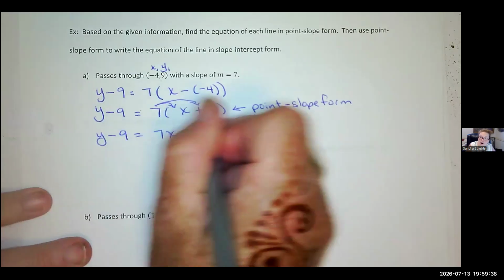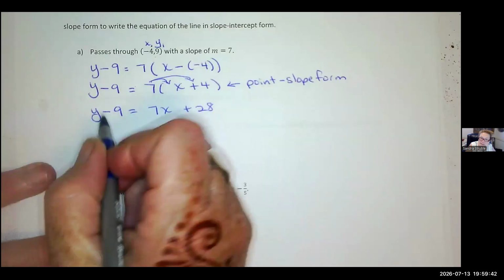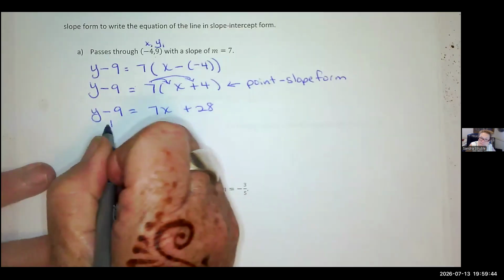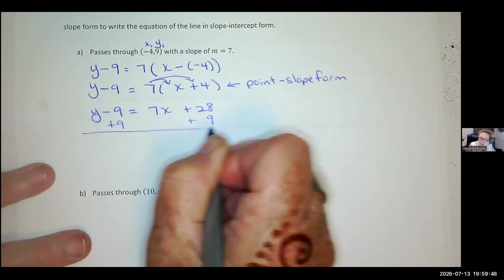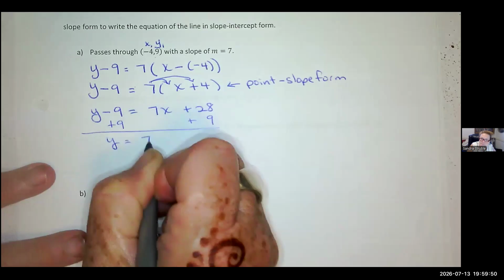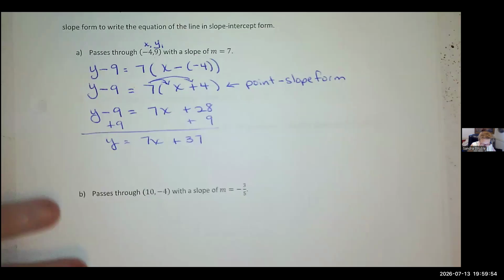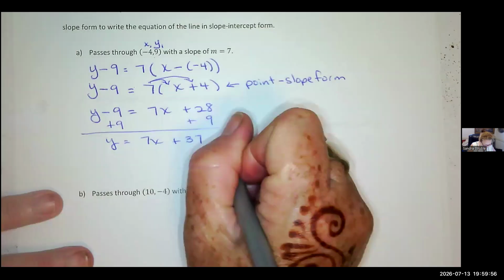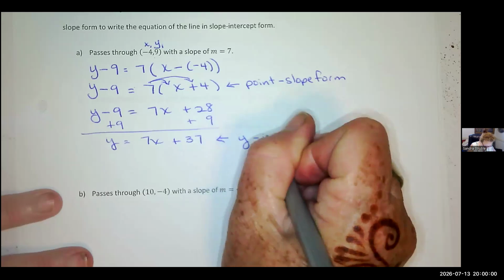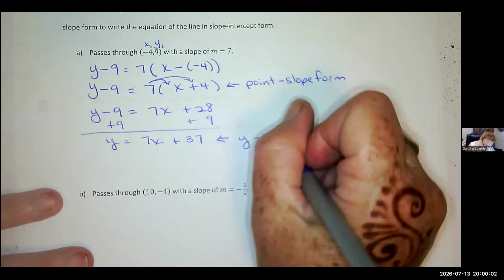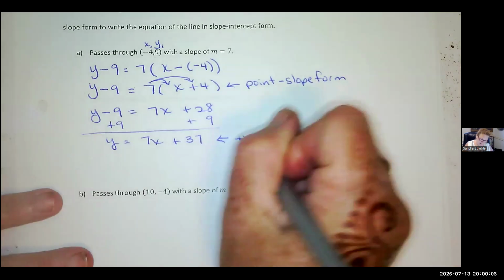Still solving for y, we need to get rid of this -9, so we're going to add 9 to both sides. y equals 7x plus, looks like 37. This is the slope-intercept form.